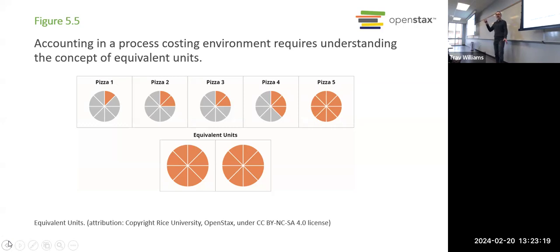One way to think of it, imagine you have a party and you order pizza. You've probably experienced this before. You start off with a whole bunch of pizza boxes, and one by one, some of those pizza boxes are now empty, and people are flipping through them to try to find which ones have pizza. So then you consolidate them, right? You ever had that experience? Oh, let's get rid of some of these empty boxes. Let's consolidate. And so you take the one slice out of this box, the two slices out of that box, etc., and you find that these four partial pizzas make up one whole pizza, maybe with different types, right?